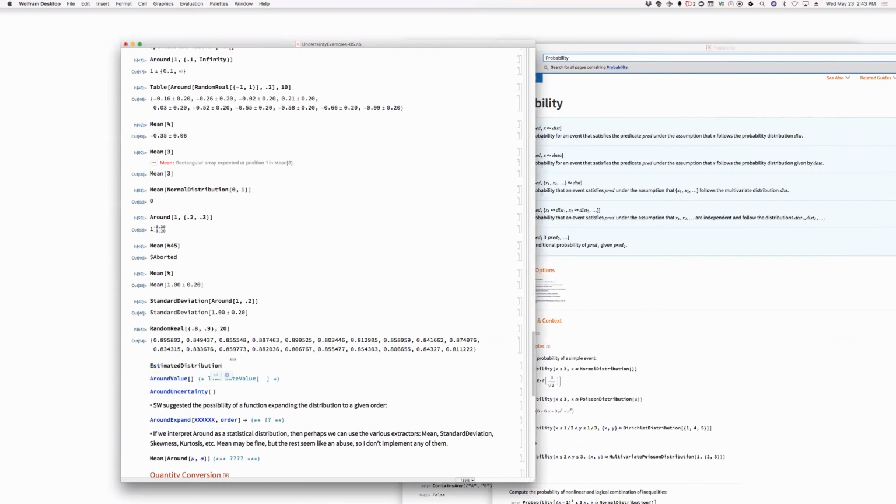What's the function? Estimated distribution: you put this data in, so this random real, and then comma normal distribution, A comma B. Why do I need the A B? You need to put the parameters, but it's also symmetric, so you don't need the A B over there. It's just normal distribution.